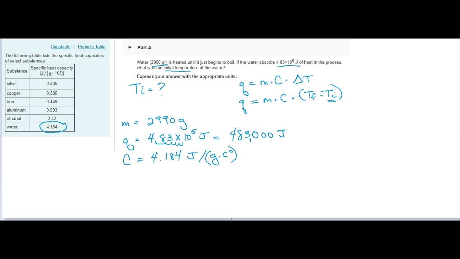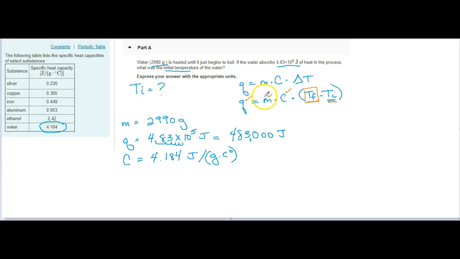So far we have our amount of energy absorbed, we have our mass in grams, we have our heat capacity. We're looking for TI, which means that we still have one unknown that we will need. We can only find one unknown, with two unknowns we're not going to be able to get the final answer.